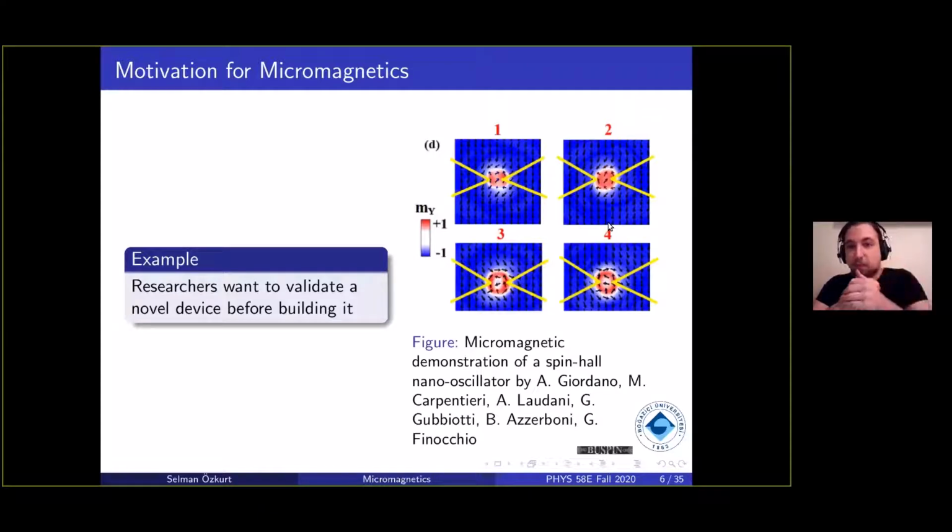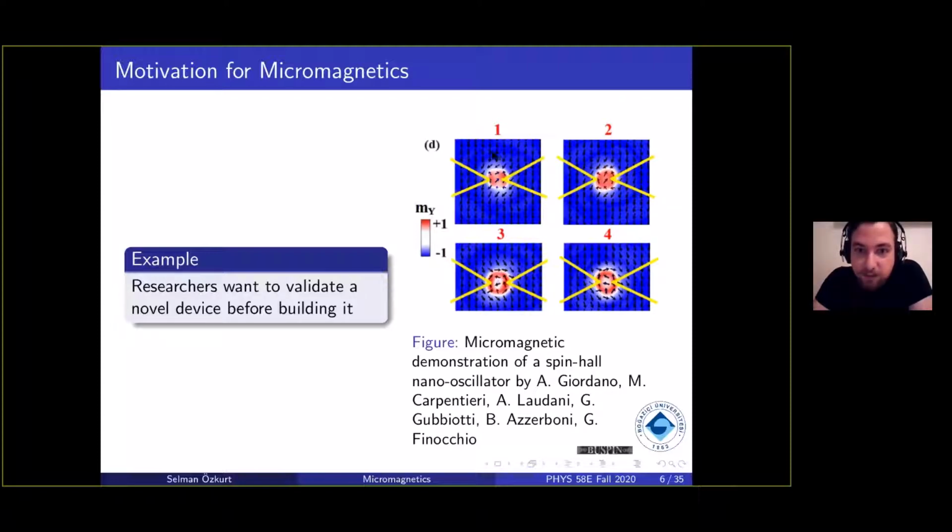And there's a more prominent example of micromagnetics use in research. This, for example, is a spin hall nano oscillator, a novel device design by the group of Giovanni Finocchio, and these names may be familiar to most of our research group, because these people were our previous collaborators.